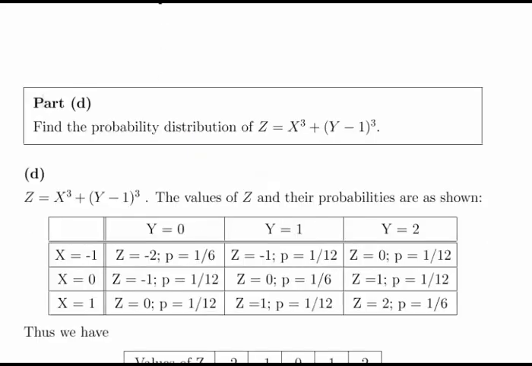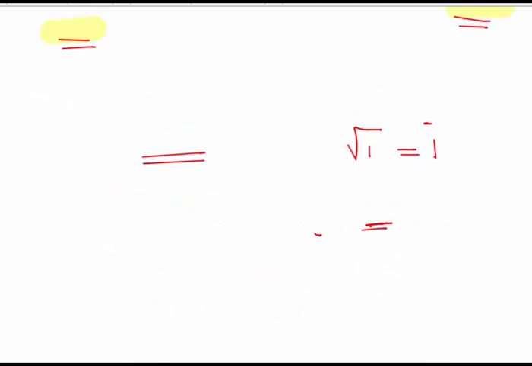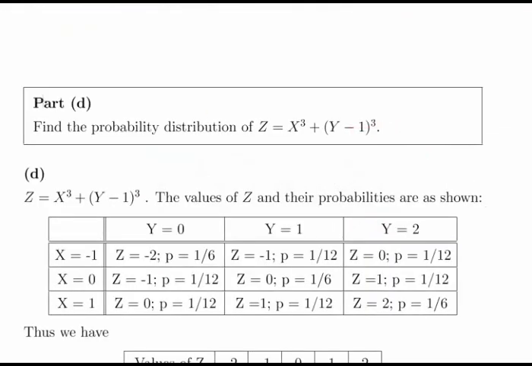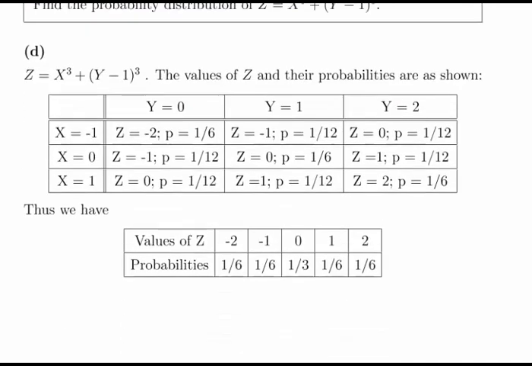Now, finally, find the probability distribution of z equals x cubed plus y minus 1 cubed. This looks awful, but it's actually not really. What we're going to do is calculate the values of x cubed.